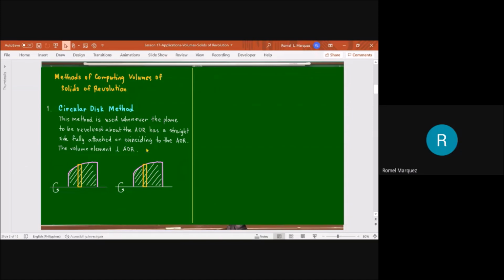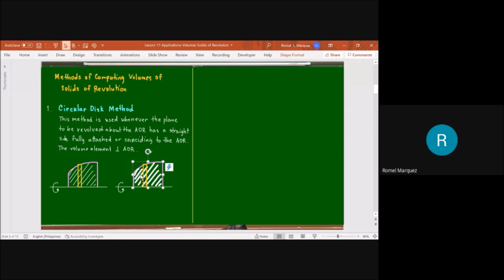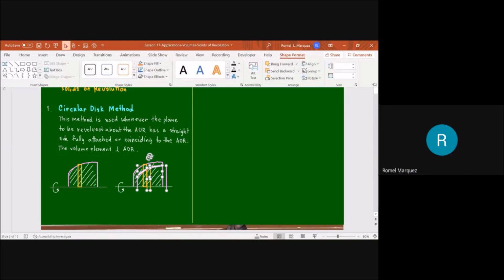So I'm going to rotate this. I think I need to flip this. I need this part, and this together with this one. Copy, and then flip. Let's flip this vertical.